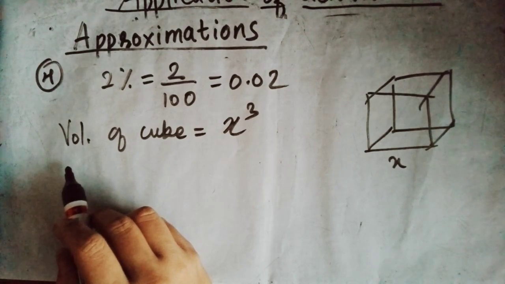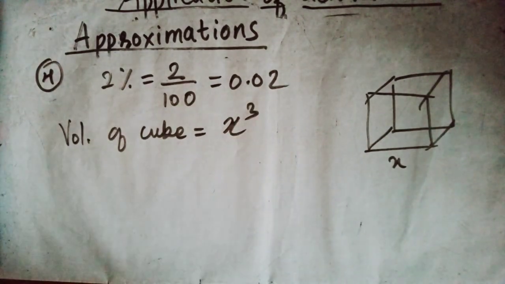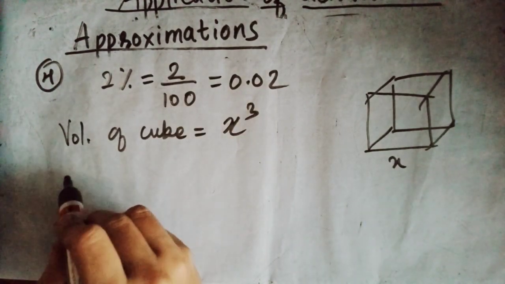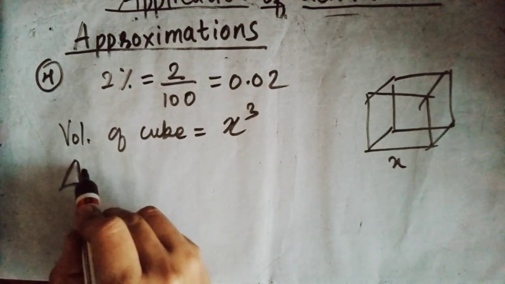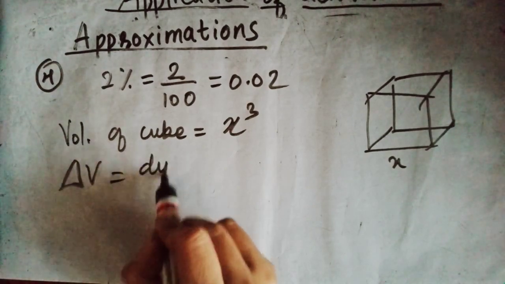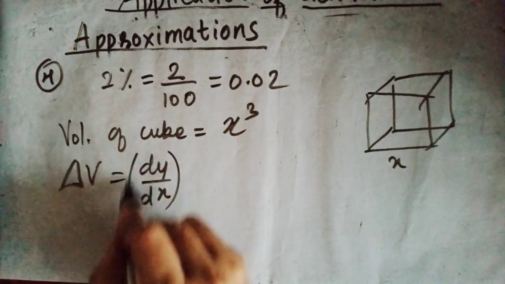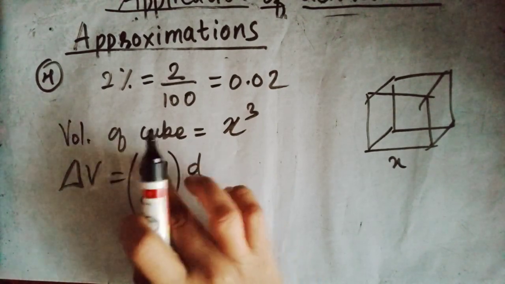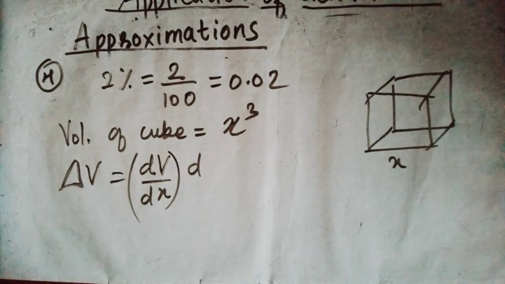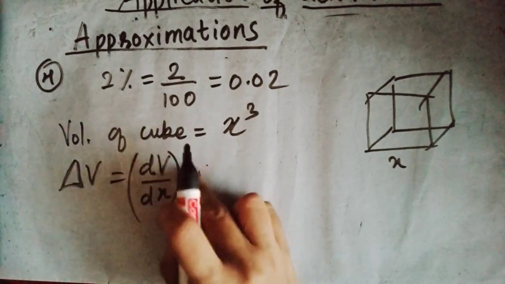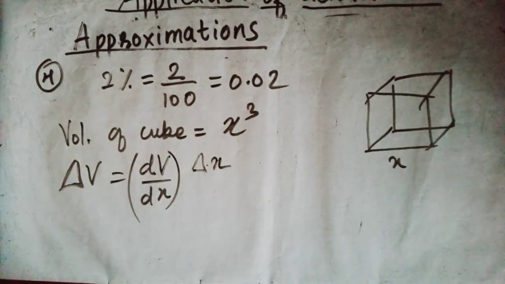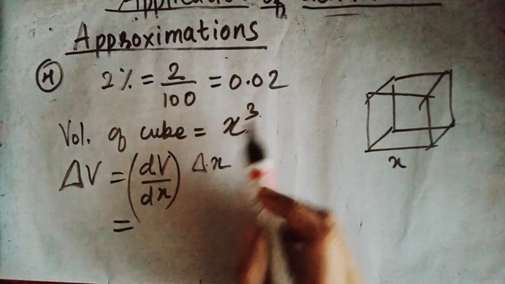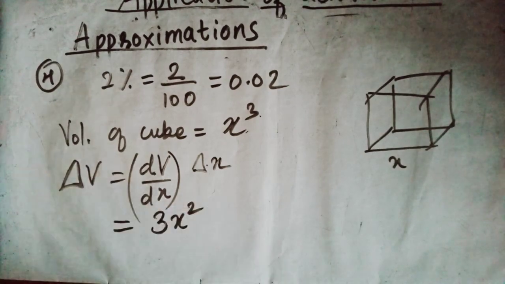So when you are changing the side, there will be a change in the volume also. So use the second equation, that is delta v equal to dv by dx into delta x. The derivative of x cube is 3x square.